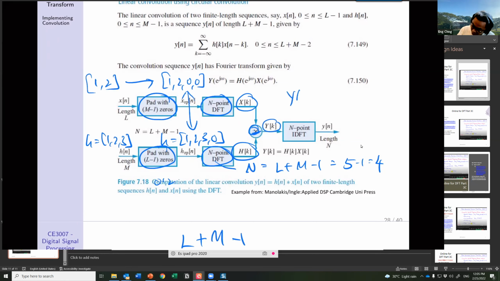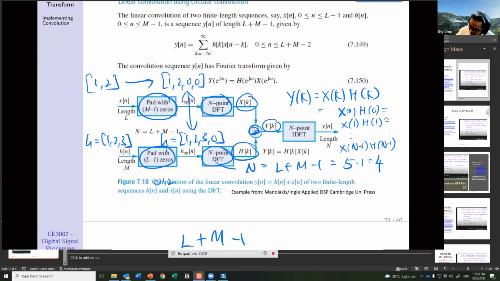So when we say Y[k] equals X[k]H[k], what do I mean? It means that you have the big X0 multiplied by the big H0, the big X1 multiplied by H1, until X[N-1] multiplied by H[N-1].